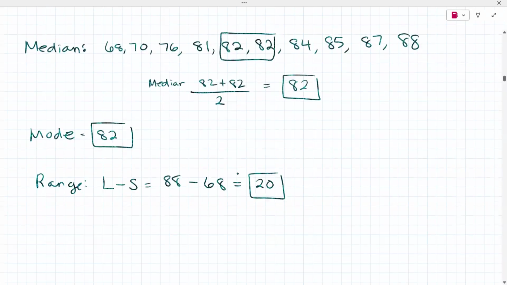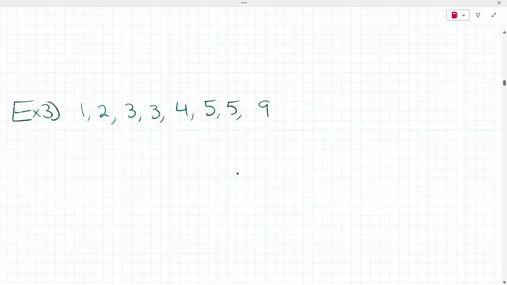Okay, let's move on to example 3. Same direction: find mean, median, mode, and range. Let's take the average. I think the numbers are already in order: 1, 2, 3, 3, 4, 5, 5, 9. They're in order, good.